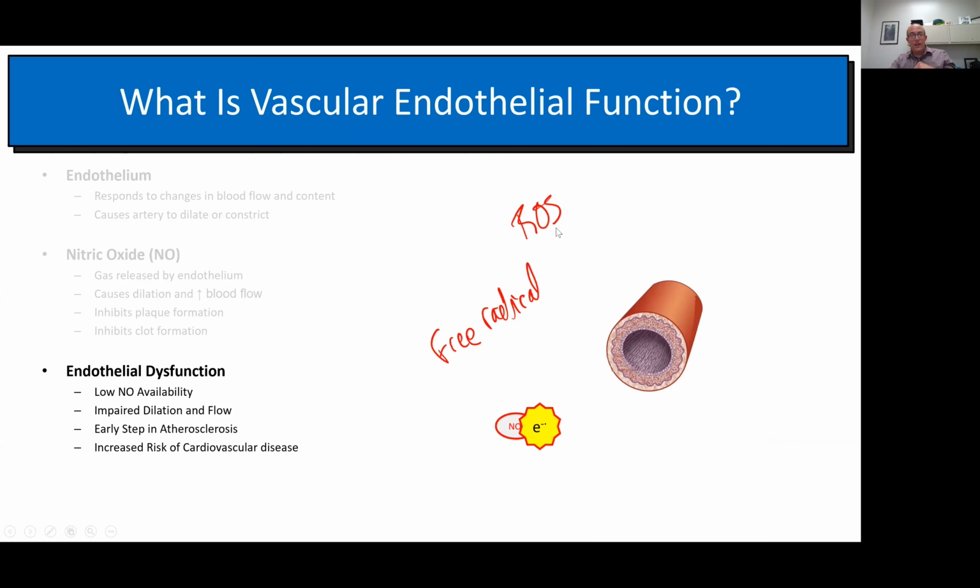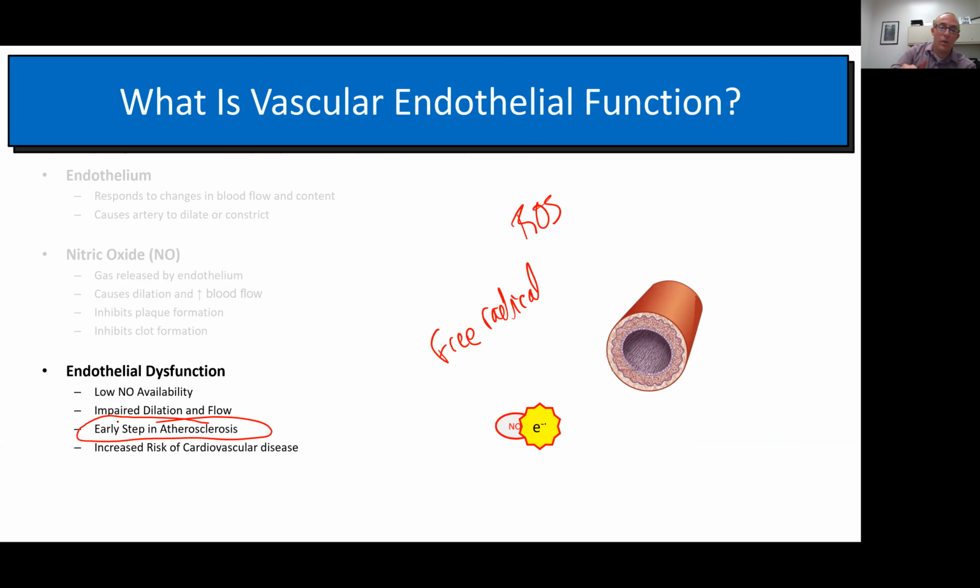And without nitric oxide around, the artery can't dilate and it might even constrict. And without nitric oxide around, you're going to have the first steps of atherosclerosis because you don't have the nitric oxide to keep the atherosclerosis from happening. And that increases your risk of different cardiovascular diseases.